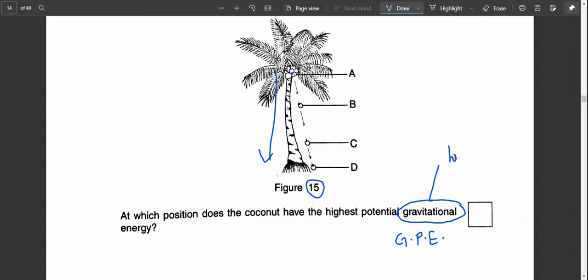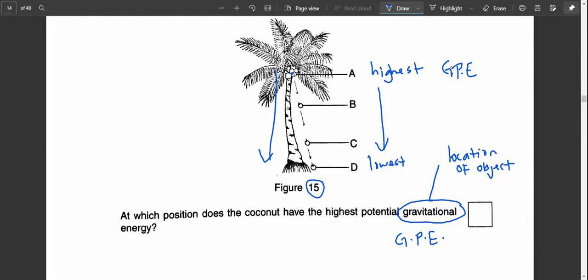So we talk about the location of the object, and the higher it is, the higher the potential energy. And if you can see here, A is located at the highest position and D is the lowest position. So that's how the gravitational potential energy changes as well. So the highest gravitational potential energy is actually at A there.